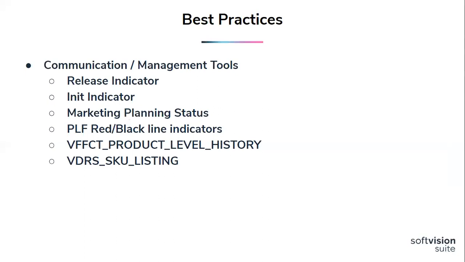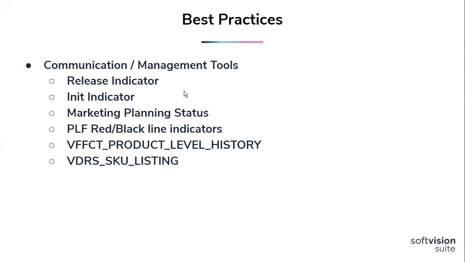The init indicator could also be used at the beginning to identify, after forecasting or after the assortment is done, to go in and mark that the mix is done. But when you have multiple team members involved, you may want to use that release indicator first and save the init indicator for the reorder step. So again, just communication rules.